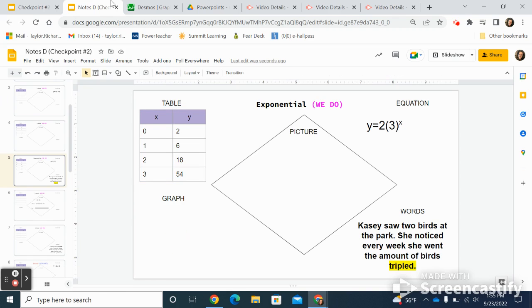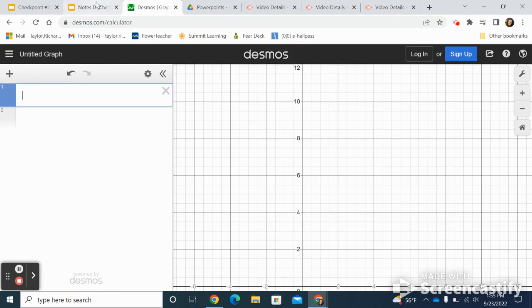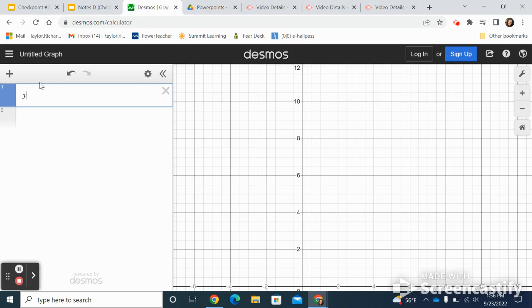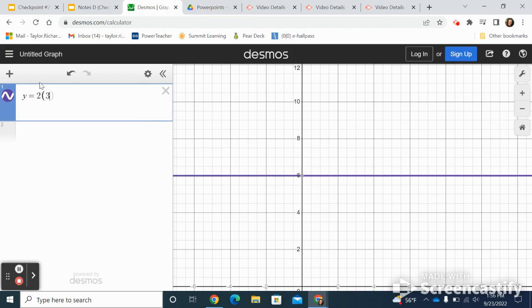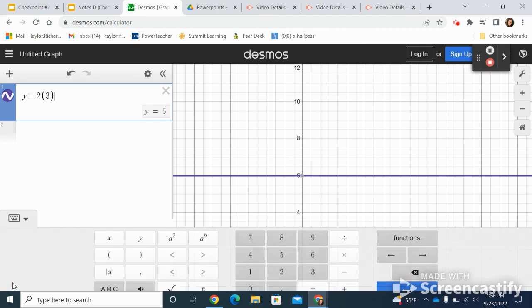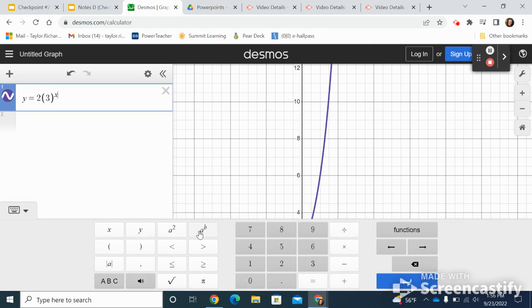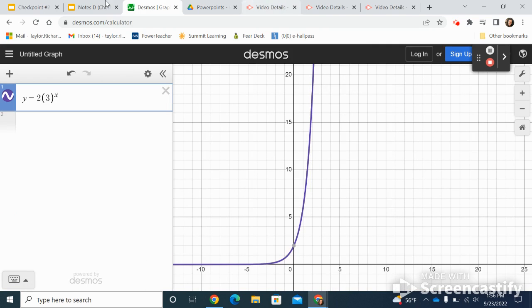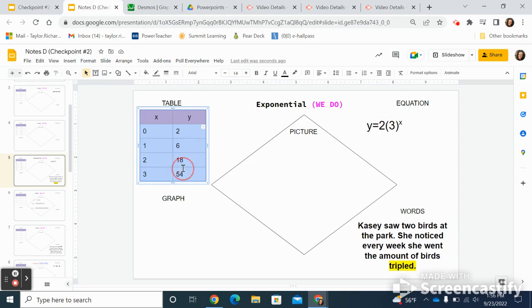Now let's go ahead and make my graph. So I want to start by typing my equation into Desmos. So y equals 2 parenthesis 3, and then I'm going to pull my keyboard up and put the x up high. So here's my graph. Now let's just make sure we put 3 points on my graph.